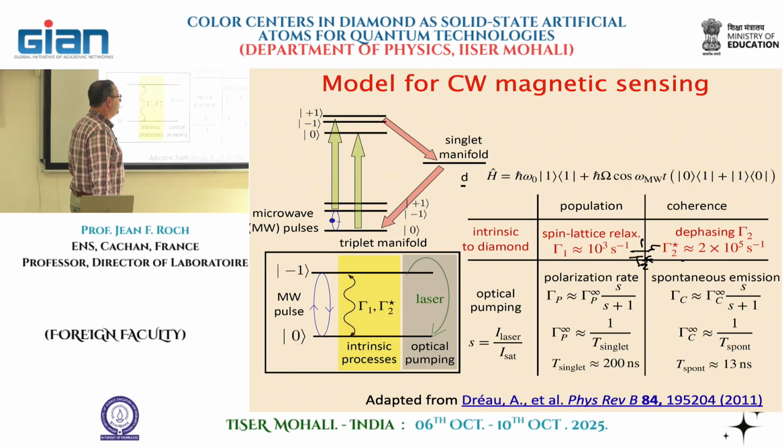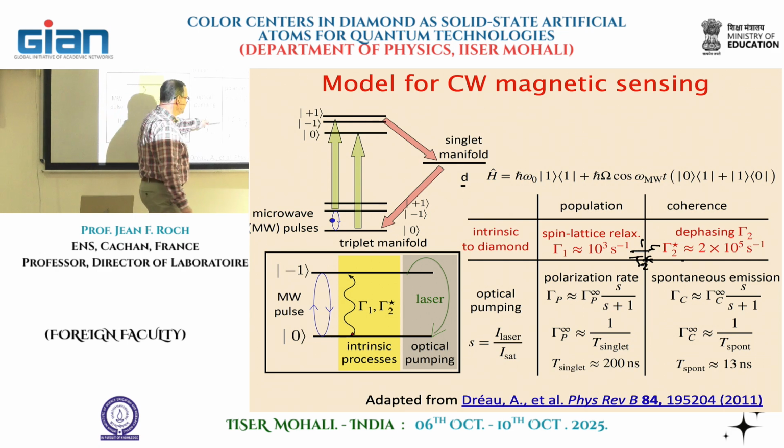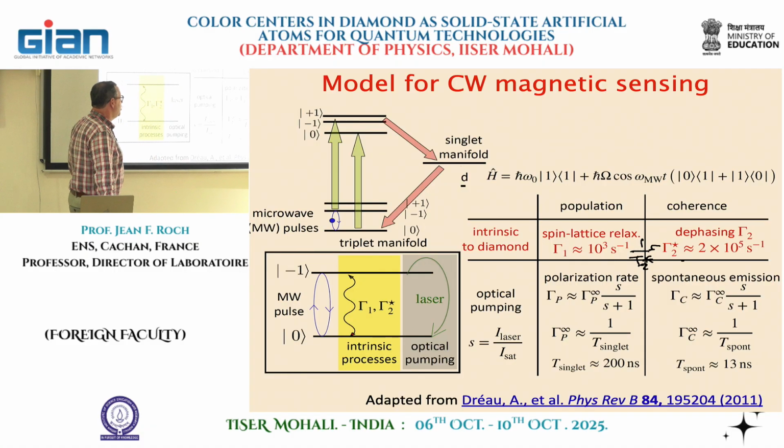The rate for the population is how fast we polarize the system, and we also have to take into account the influence of the singlet manifold, or the leakage to the singlet manifold, where the system will survive for a time of about 200 nanoseconds. And there is also the influence of spontaneous emission that will bring the system back here.